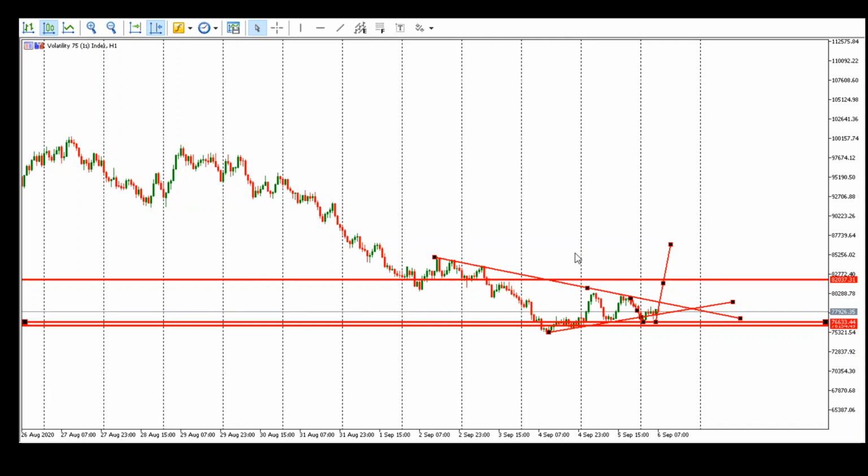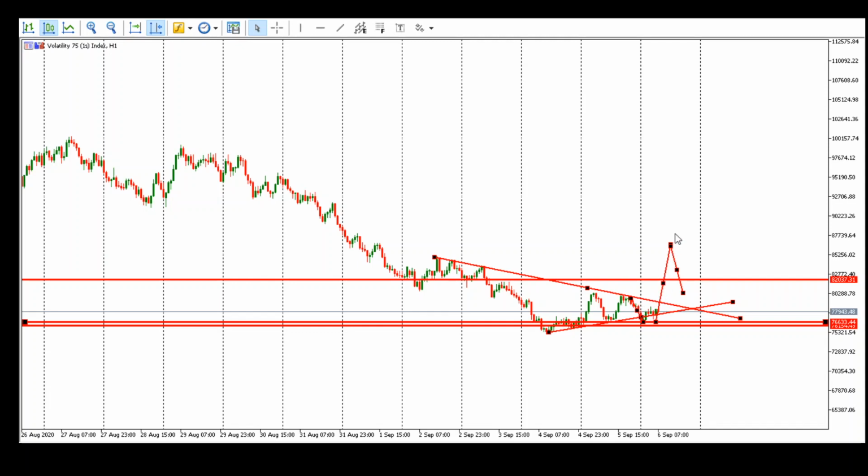So if they break this level and come to test it, and you find there is no rejection and they continue to push down, you need to understand what pattern they create now.